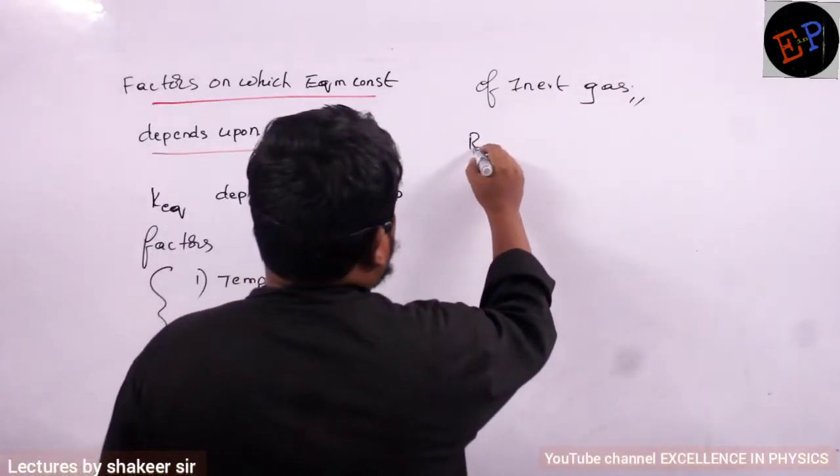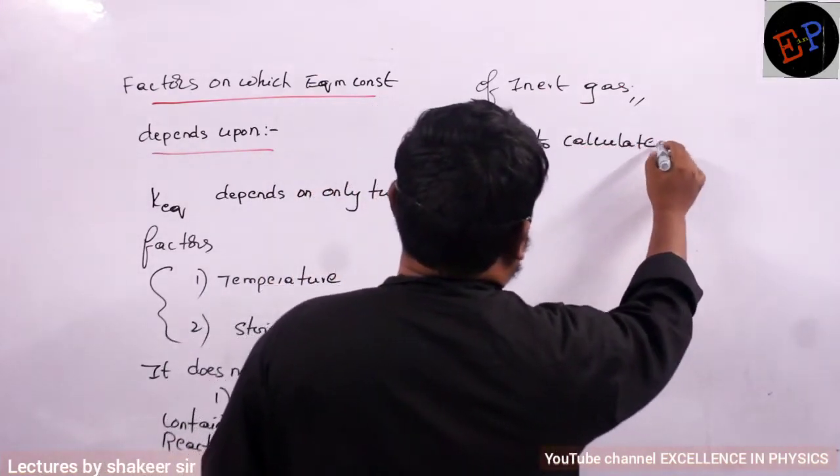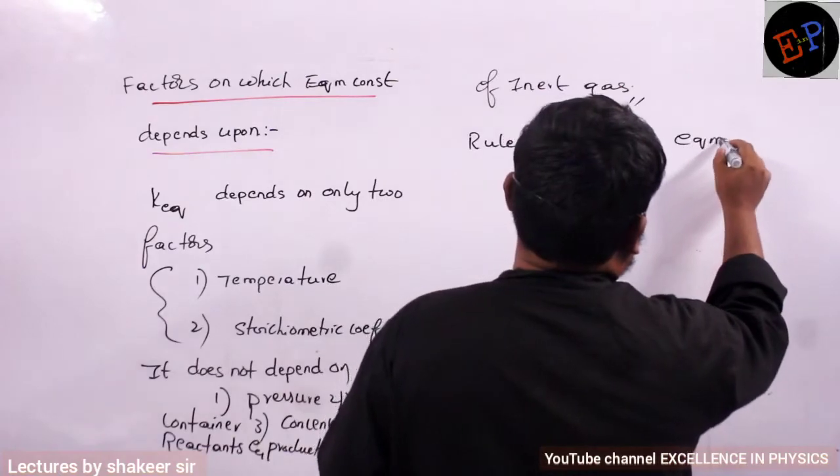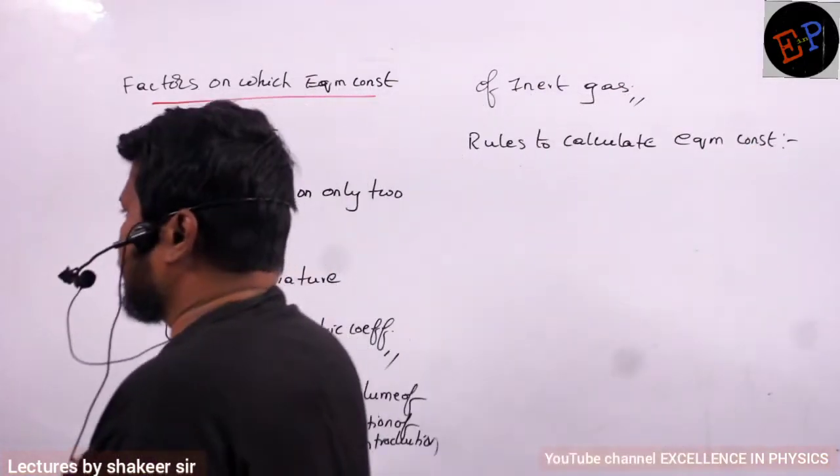So, the rules to calculate the equilibrium constant. Let us write rule number 1.